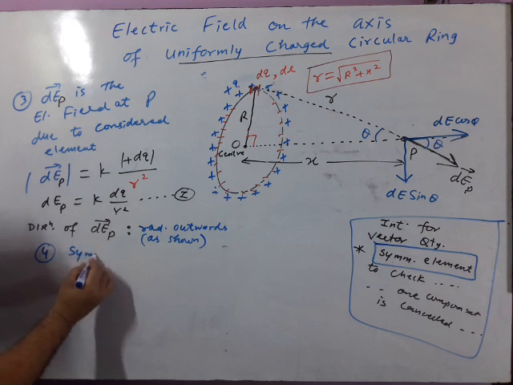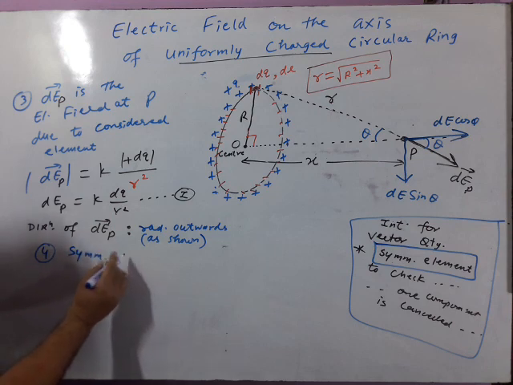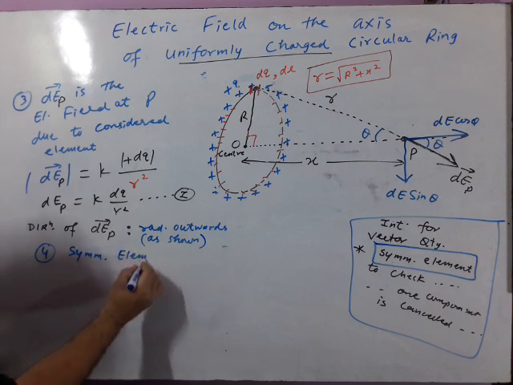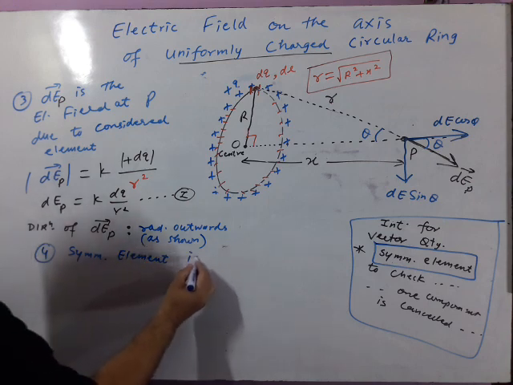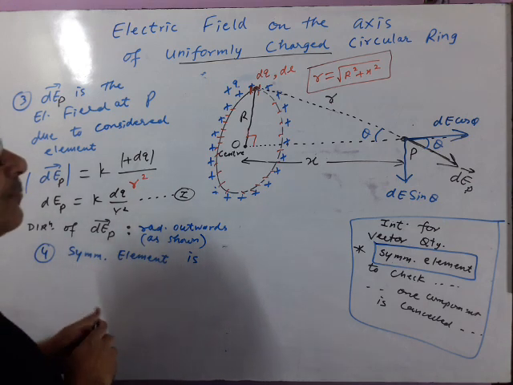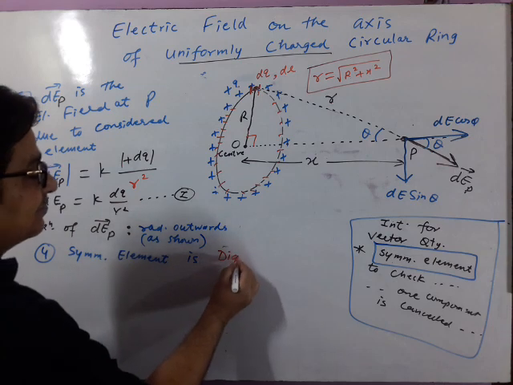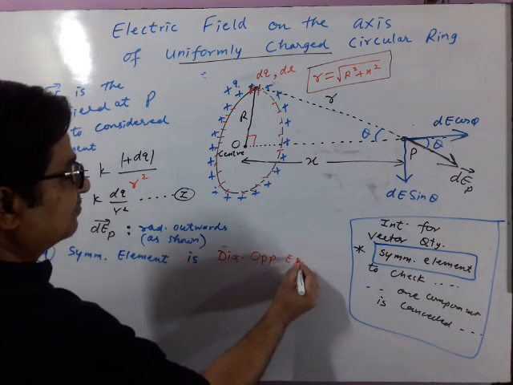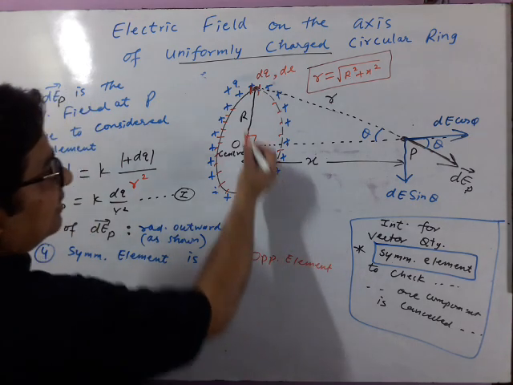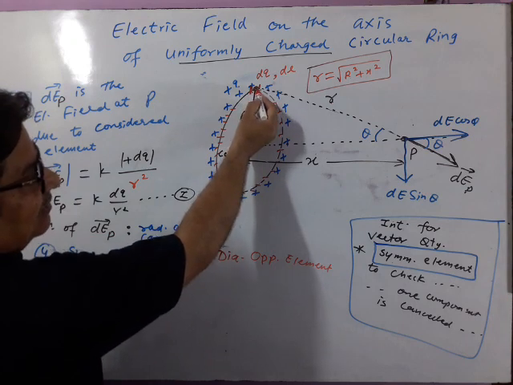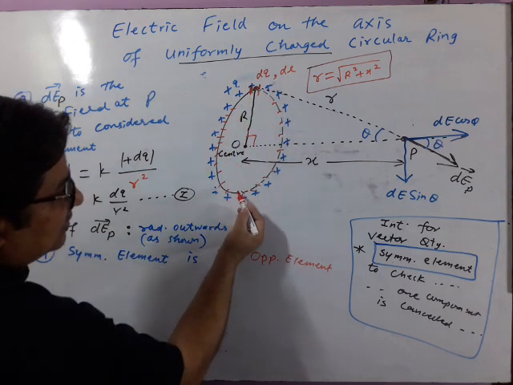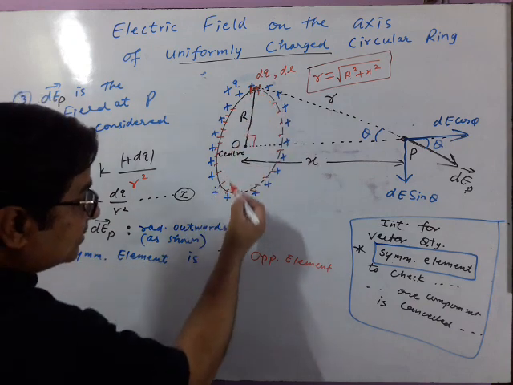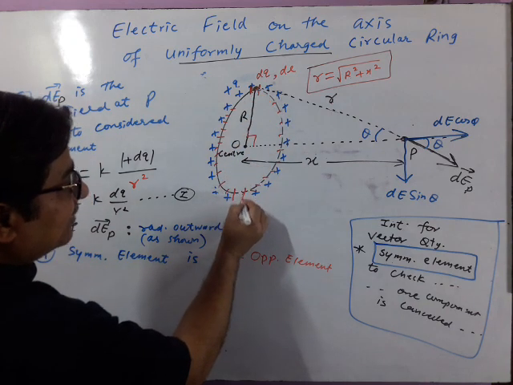Now we will consider a symmetrical element in this step number 4. Symmetrical element is the diametrically opposite element. See, this was the element considered. So diametrically opposite element, this is the element.